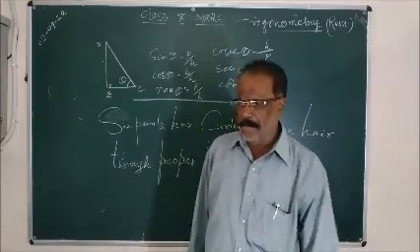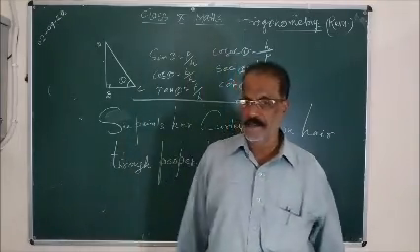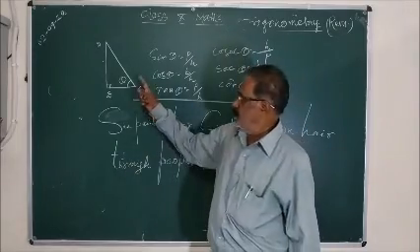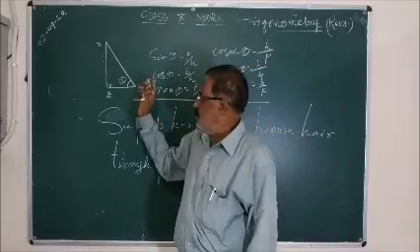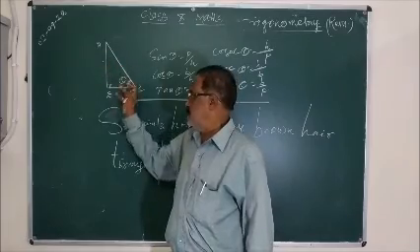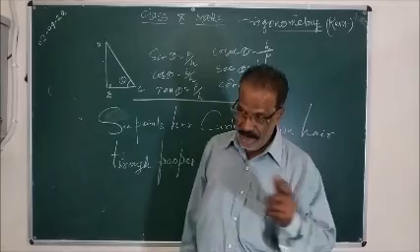So we should limit ourselves between 0 and 90 degrees. So suppose this is the right angle, and it is very clear from this that angle C and angle A are acute angles.